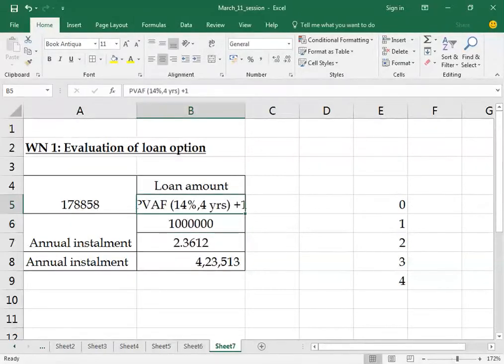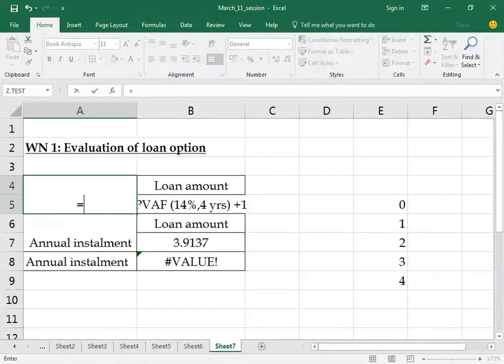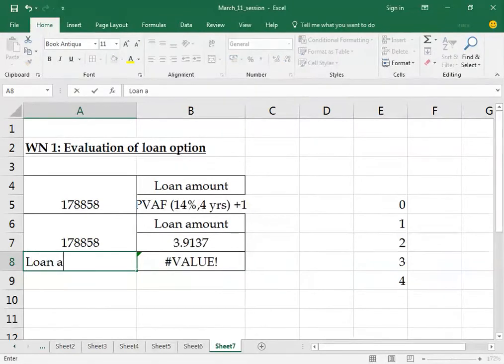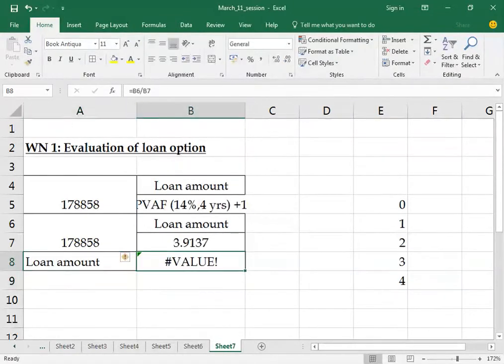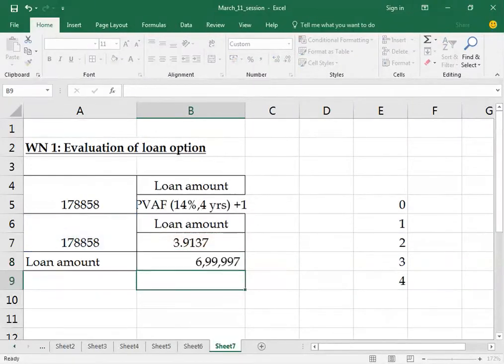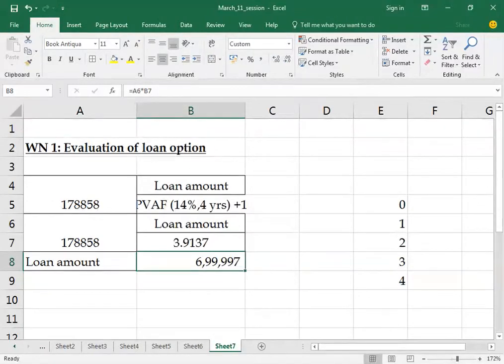Can you tell me 14%, 4 years plus 1 is how much? 3.9137. Loan amount is our balancing figure: 1,78,858 into 3.9137. So basically I'm going to take a loan of 6,99,997 at the beginning of the year.